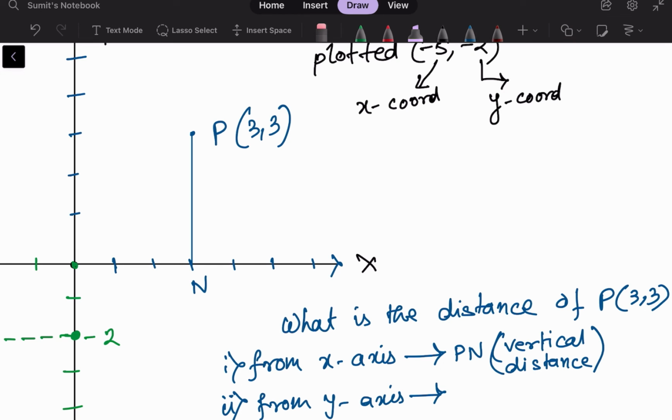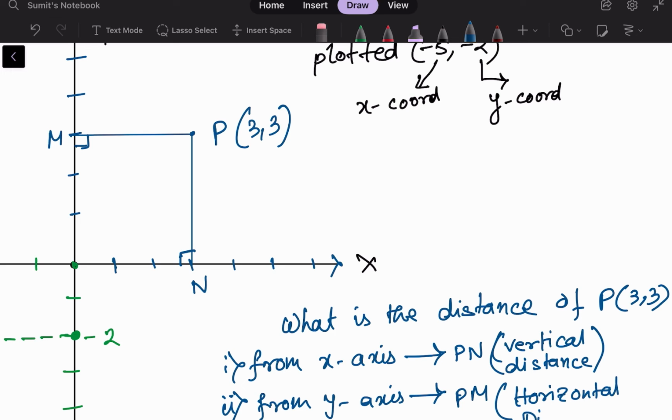Again, if you drop a perpendicular from the point P on the y-axis, let it be PM. PM will be the horizontal distance from the y-axis.